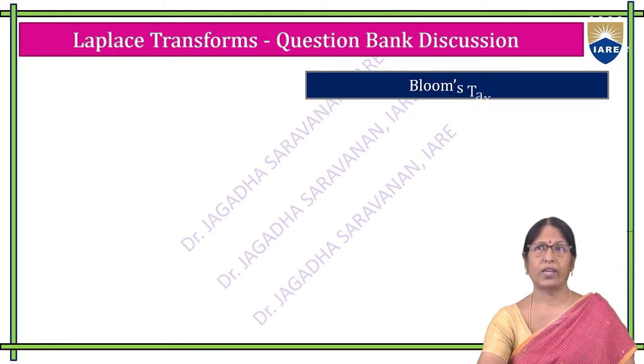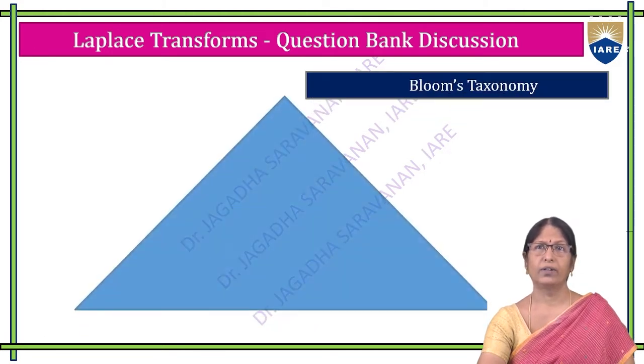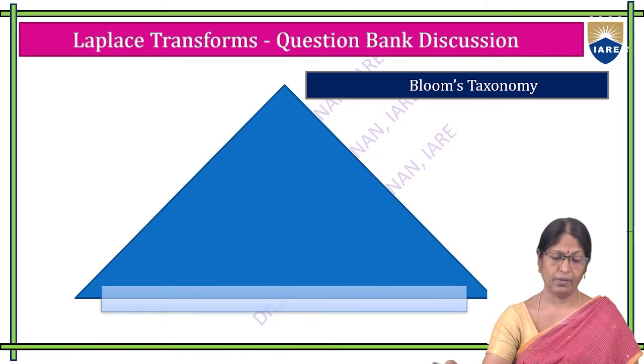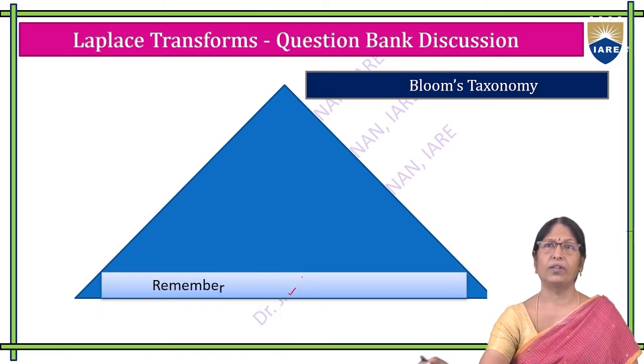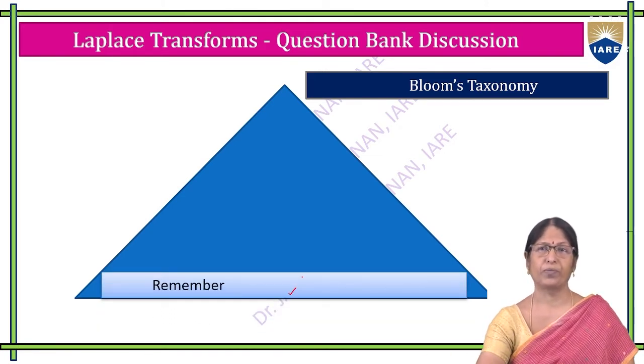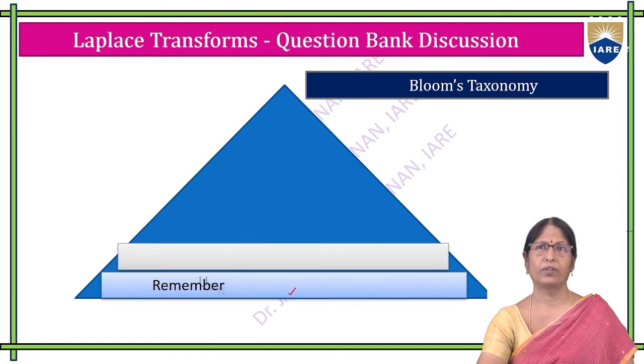So the Bloom's taxonomy, we can see it here. The first level is remember, what we studied in the earlier classes: definitions, formulas. We just recollect or recall. Then recalling those formulas, we will increase the understanding level.